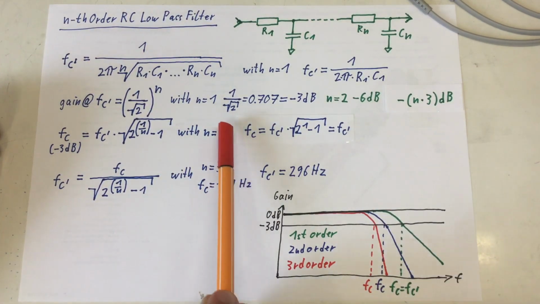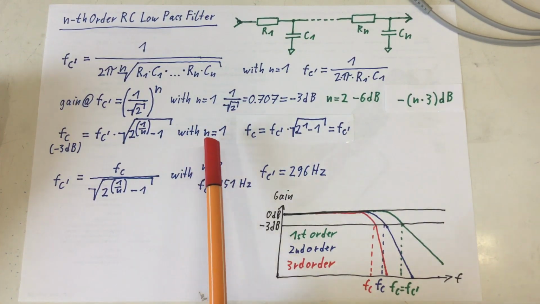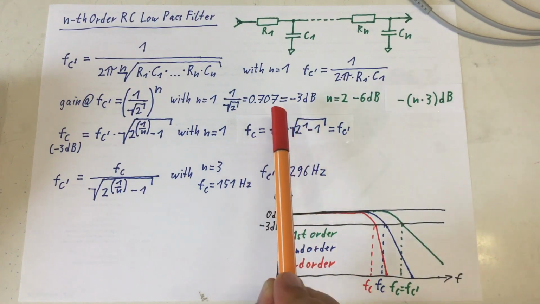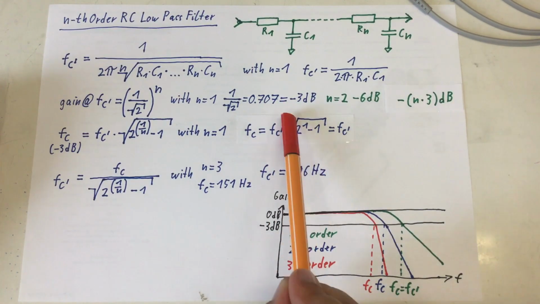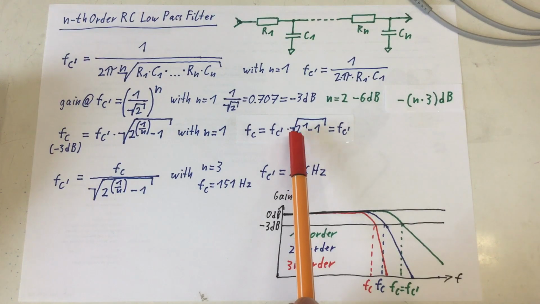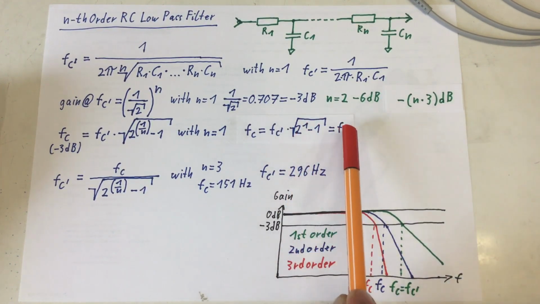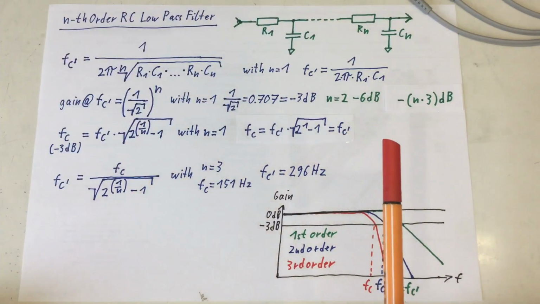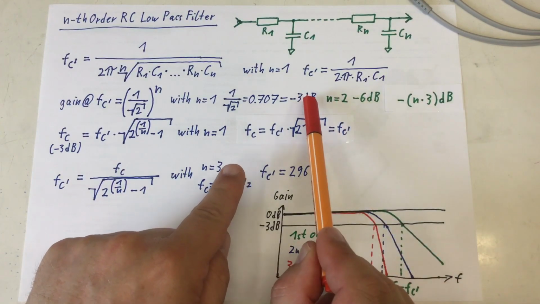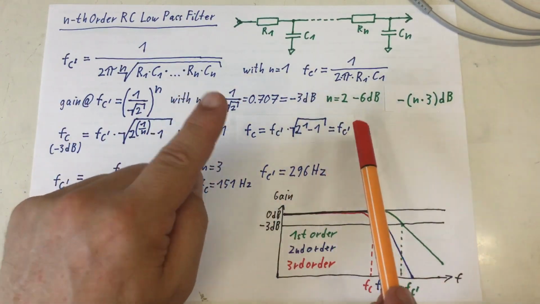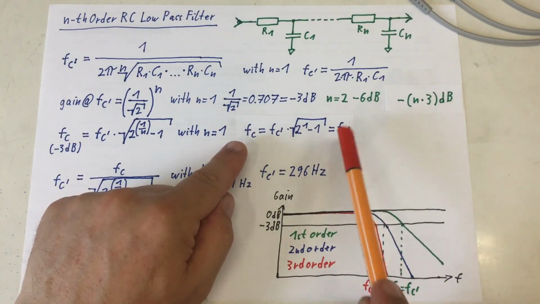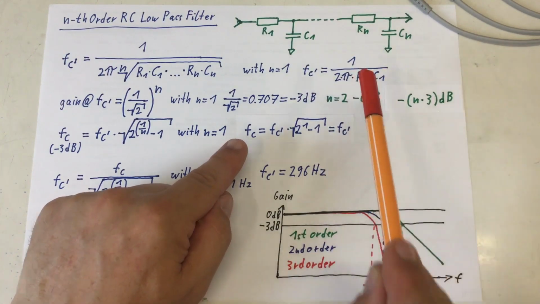And again, for first order filter, n equals 1, this is just FC equals FC prime times square root of 2 to the power of 1 over 1 minus 1, so square root of 1, so 1, equals FC prime. So for first order filter, minus 3 dB at cutoff frequency, our Butterworth minus 3 dB cutoff frequency is the same like the one we calculated here.